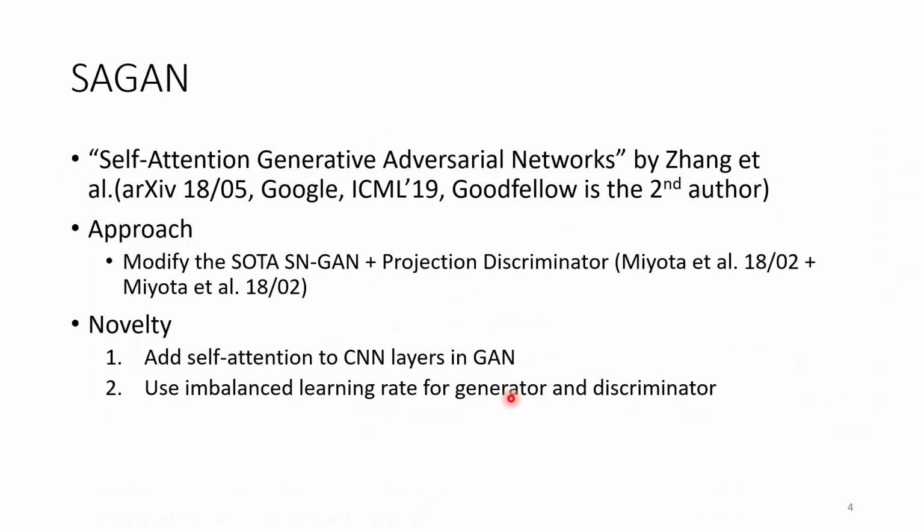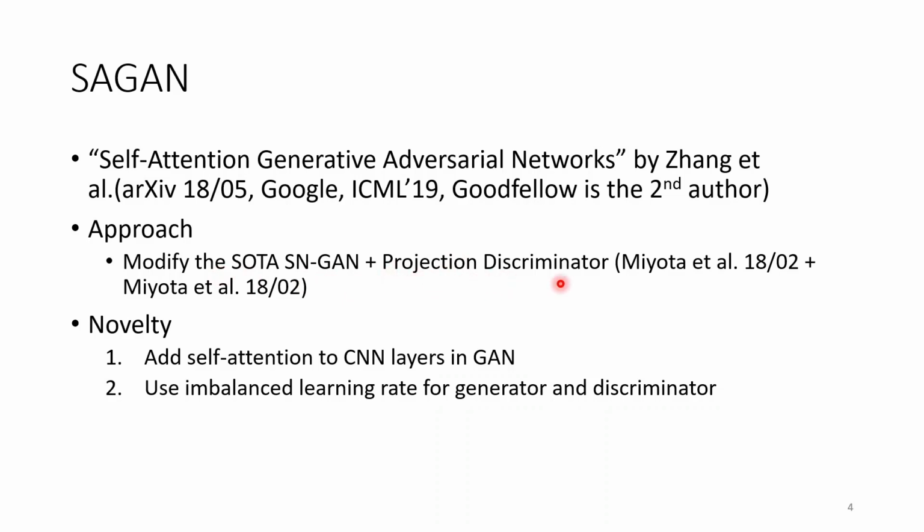So let's talk about what is SAGAN. Let's go back to 5 years ago. There were some state-of-the-art methods called SNGAN, which means spectrum normalization GAN, and another method called projection discriminator.